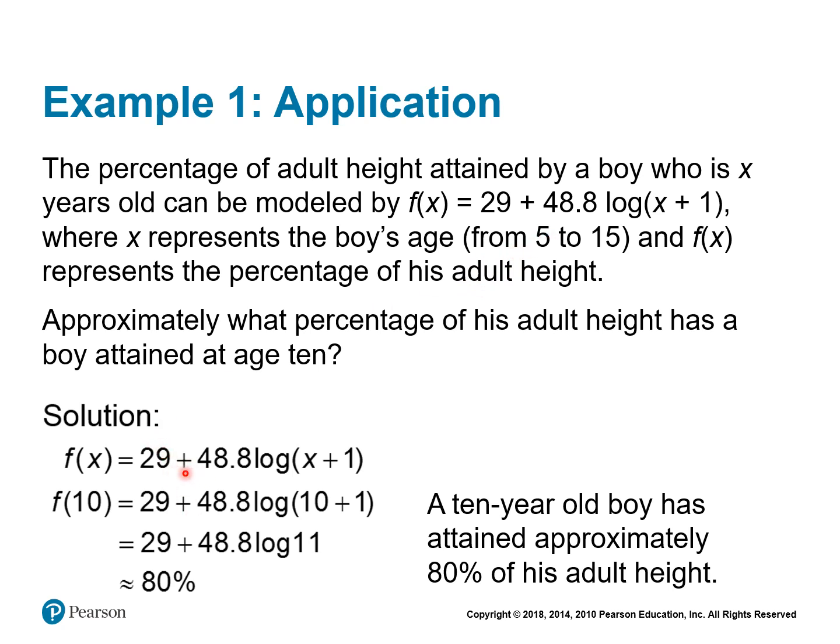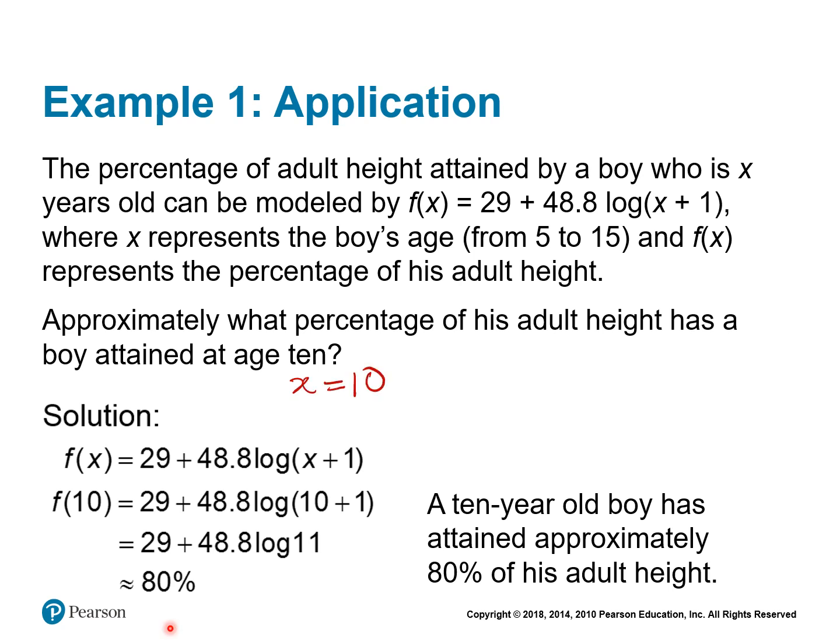So this is a straightforward problem. All you need to do is plug in a value for x and calculate, and you will get f of x. So what is the x that we have to plug in here? It says approximately what percentage of his adult height has a boy attained at age 10? So age is 10, and x represents age, so x is going to be 10.